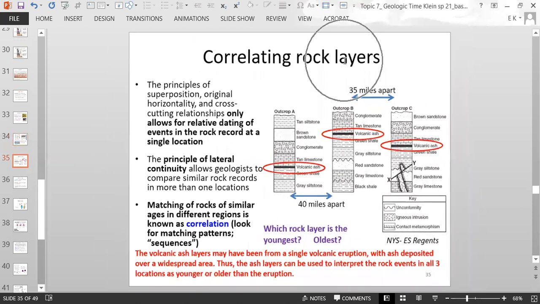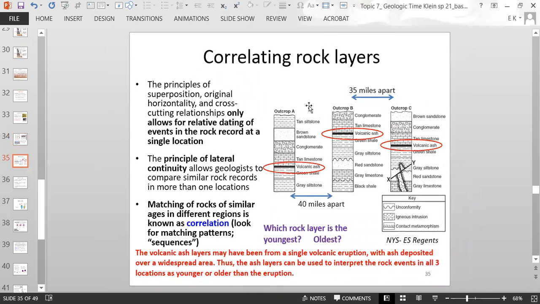So here we can do that again. So the principles of superposition, original horizontality, and cross-cutting relationships only allow for relative dating of events in the rock record at a single location. The principle of lateral continuity allows geologists to compare similar rock records in more than one location.